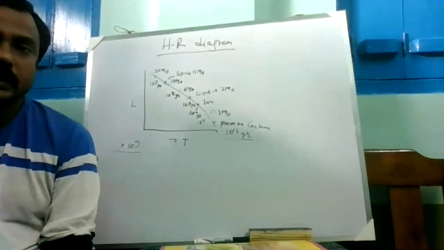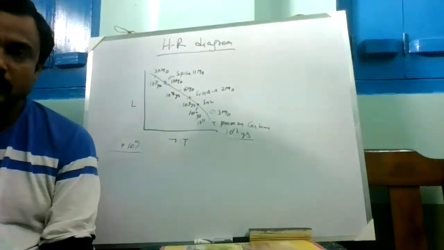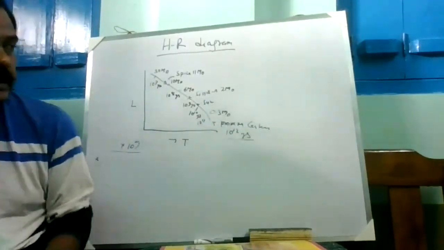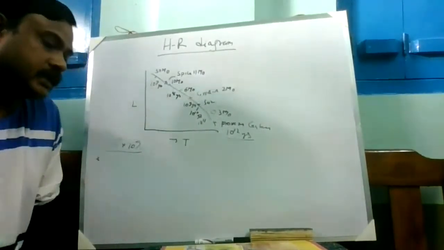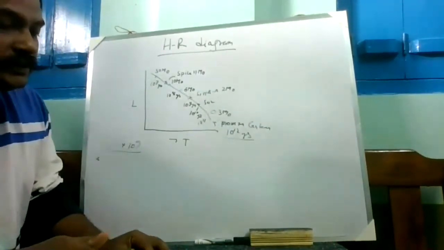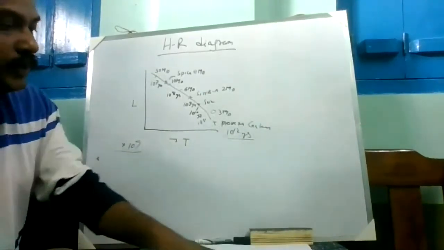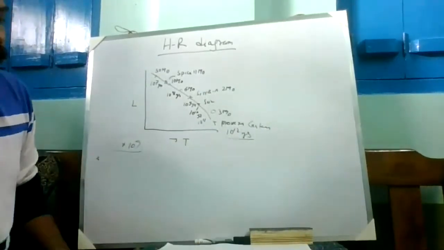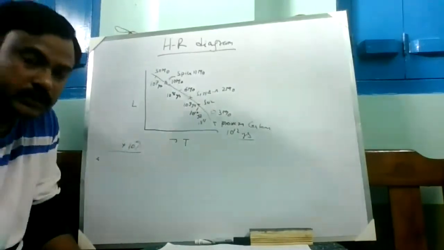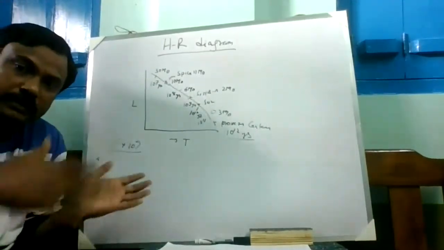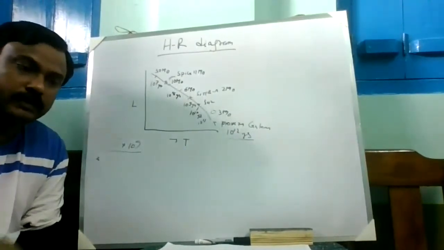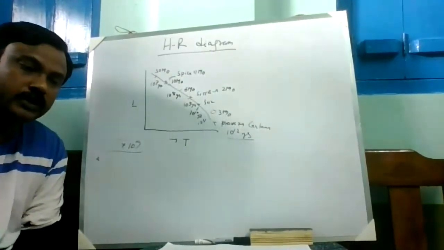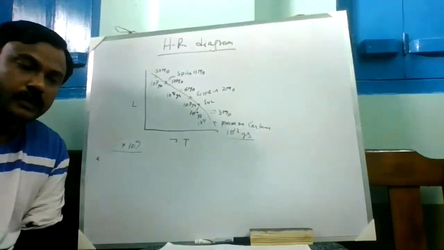And lastly, we have discussed the HR diagram, which is much more important in the classification of stars and properties of stars in a chart diagram, where we have seen that most of the stars fall in a band called the main sequence stars, and there are a few stars above this main sequence, giant stars.